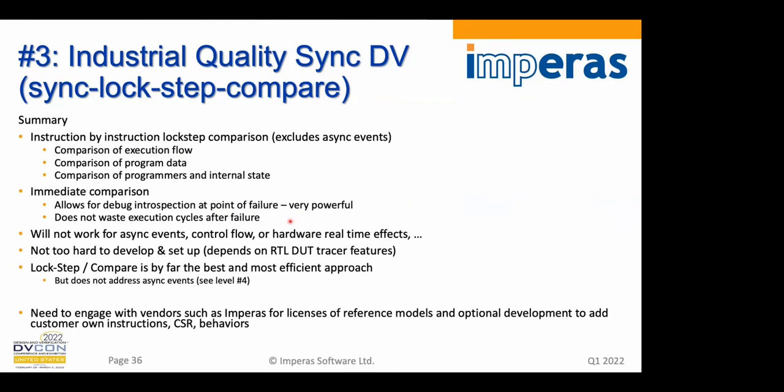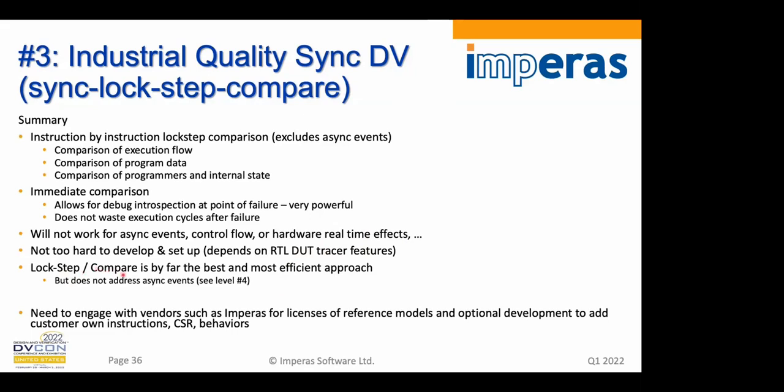And it works very well for synchronous, and we'll talk about asynchronous in a minute. But it's not too hard to set up this synchronous environment, but it does require that your RTL design under test can provide the right information up from the design to the comparison that you need to do. So it's a lockstep approach.